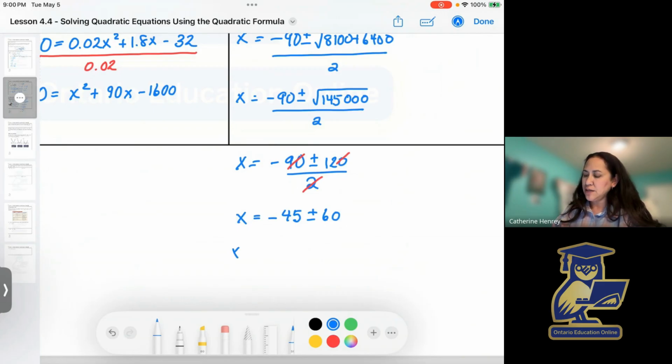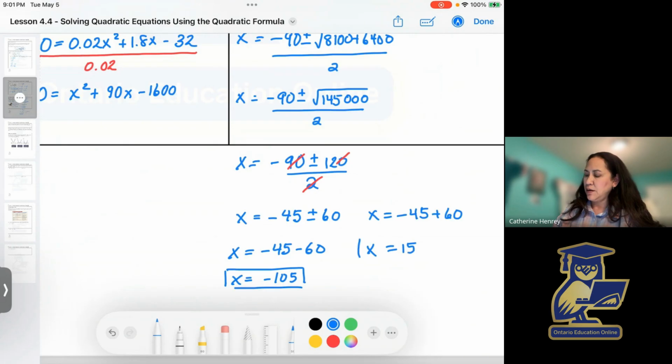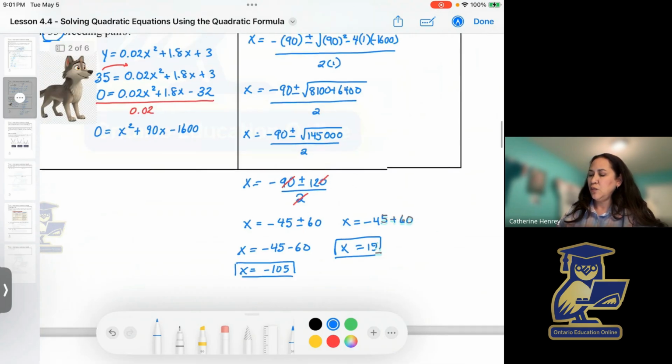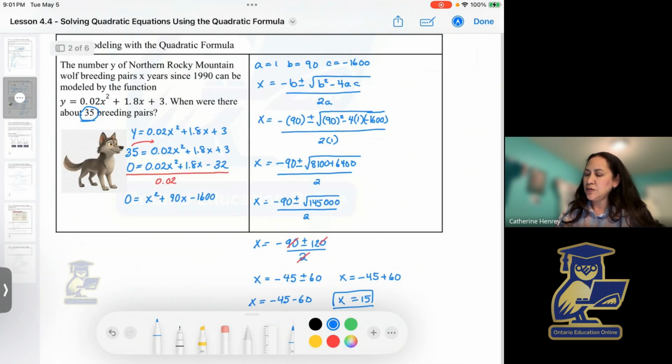So in one case, x can equal negative 45 minus 60, in which case x is equal to negative 105. And in our other case, x is equal to negative 45 plus 60. And in that case, x is equal to 15. Now, if we go back to the question, we're looking for x years since 1990.